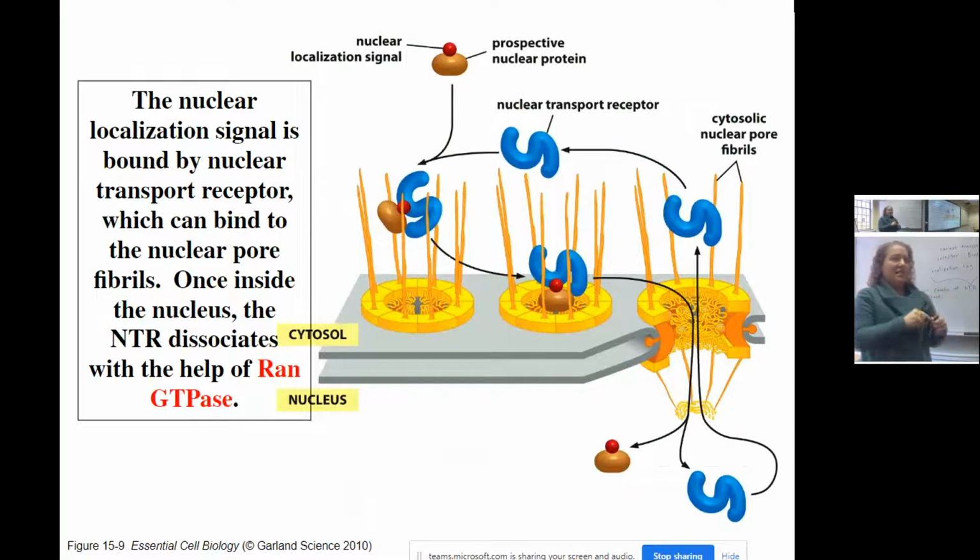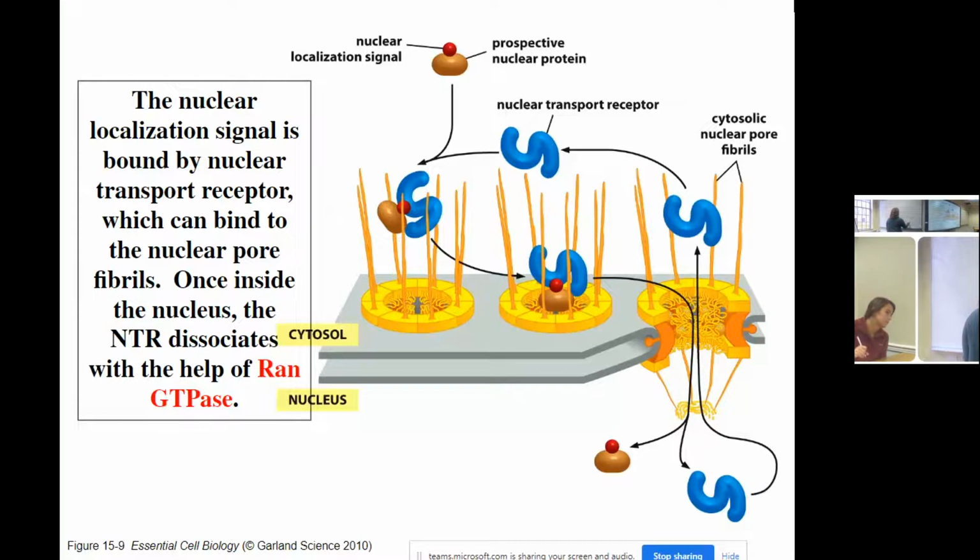So when those two bind together, they form a new overall shape, and that combo shape is going to bind to the cytosolic fibrils.